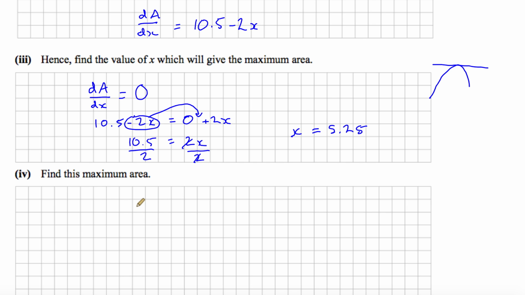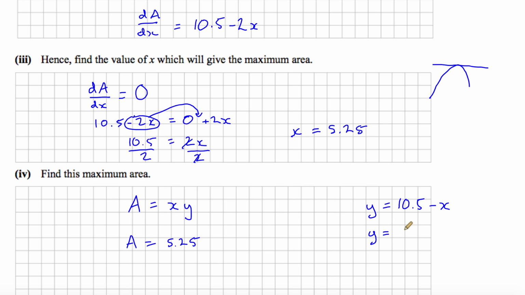Okay, well, the area, as we said before, was xy, the length by the width. So we know that the maximum area is when x is 5.25, so I can put in 5.25 for x. And we knew also from before that y is equal to 10.5 minus x.